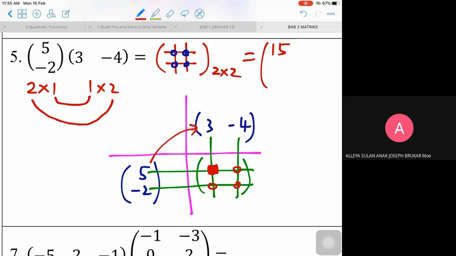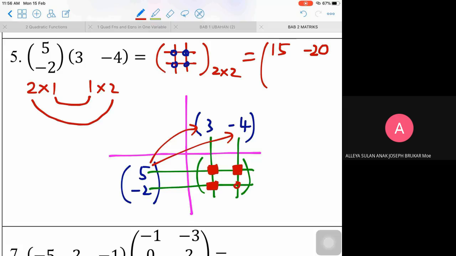Okay, and then the second element is first row, second column. So 5 times -4, -20. For the third one, it is second row, first column.